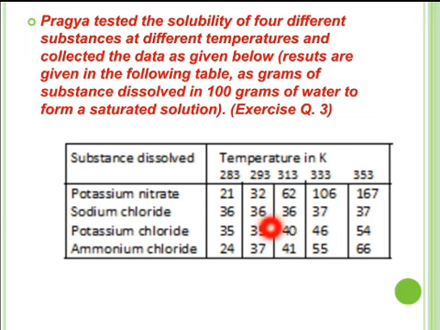Now you can see that solubility of different salts is different at the same temperature in the same amount of solvent, that is water. And at this temperature, let us find out whose solubility is the maximum, that is ammonium chloride. 37 grams of ammonium chloride can be dissolved in 100 grams of water at 293 Kelvin.